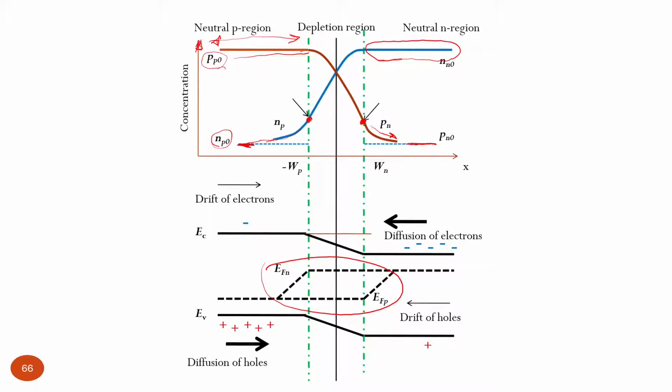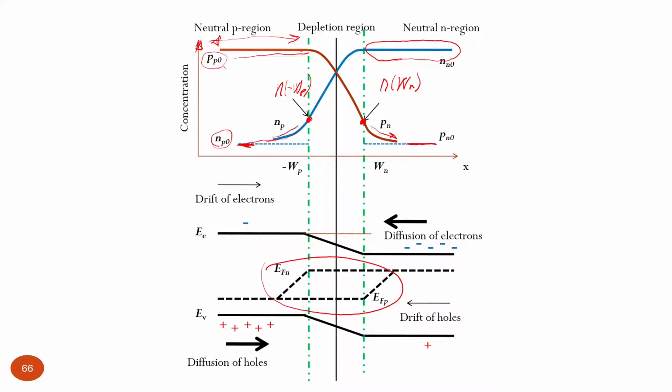And now, what is important to understand and quantify in order to get the current voltage characteristic of a p-n junction? Actually, we need to know the concentration here at this point, minus WP, and here in this region, WN, and also quantify the profile of minority charge carrier concentration distribution in the P and N regions.